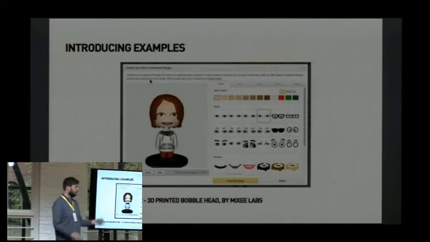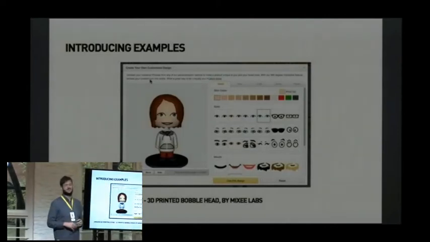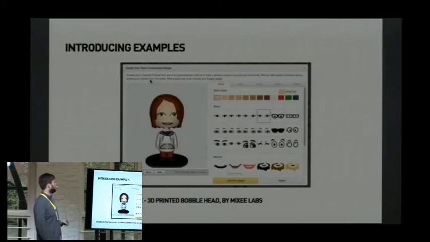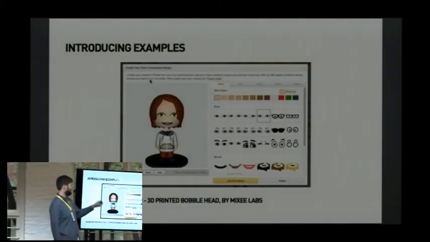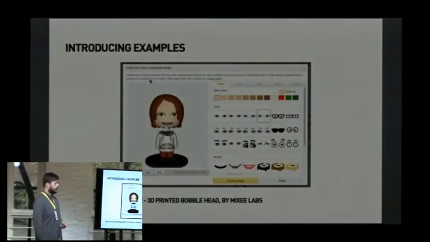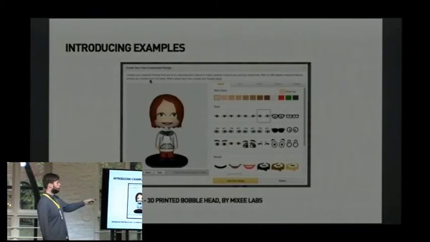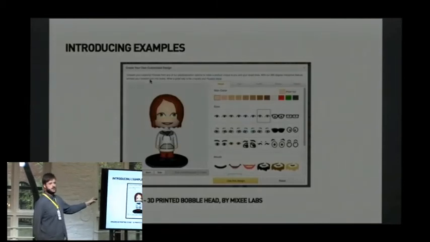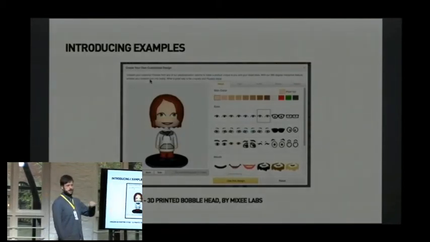But let's try to abstract it a bit. What we're seeing here is actually a product which you can say what kind of features it should have, and you can order it. And Amazon is neither the designer nor the producer.